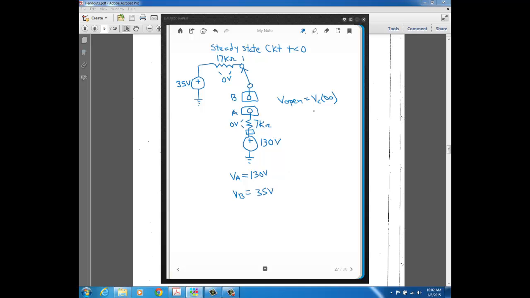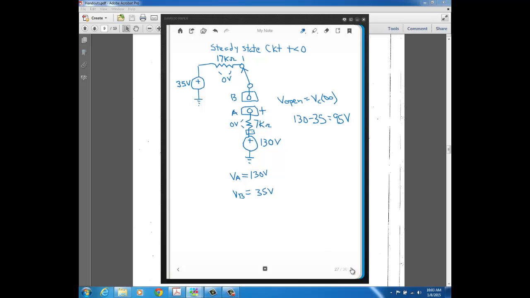Now the voltage across the open is the difference, 130 minus 35, which equals 95 volts. The polarity is that the higher voltage end is node A, because 130 is greater than 35. So now we know that the capacitor will charge up to 95 volts.